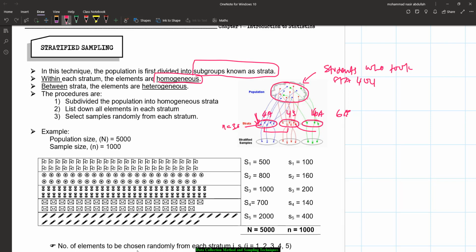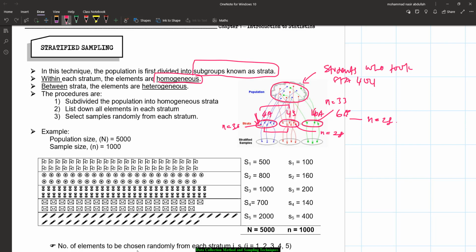N for 4B is 28. This is 33. N 33. This one is N 28, for example. Right? So everyone in this group has the same characteristics, meaning they enrolled in 4A. And between each group, they have different characteristics, meaning they are in different groups with different lecturers. Right? So each of these groups is called a stratum.